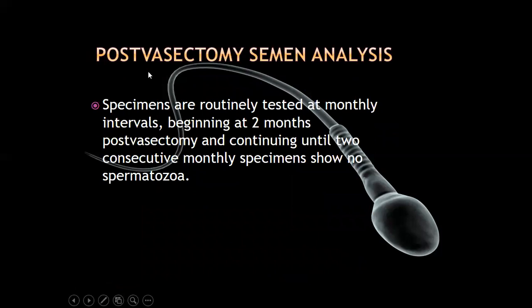Another test that we do is to check for completeness of vasectomy. Remember, vasectomy is cutting your vas deferens so that your sperm from the epididymis would not propel forward. It will be stuck there and eventually die. Normally for a vasectomized patient, you can still ejaculate semen, but that semen does not contain any sperm.